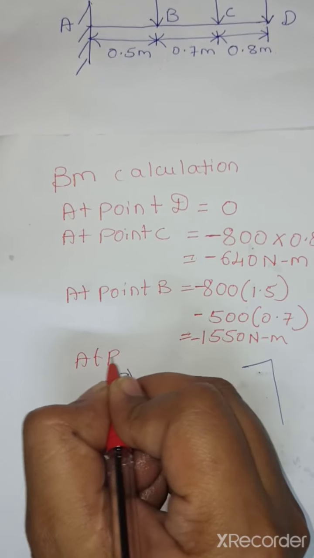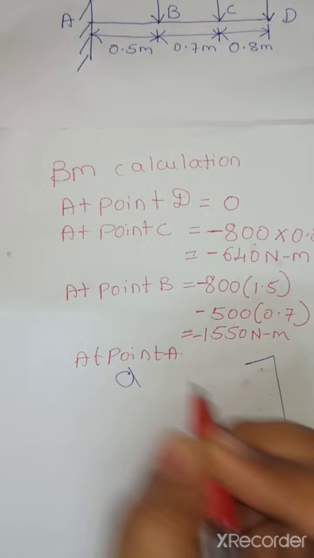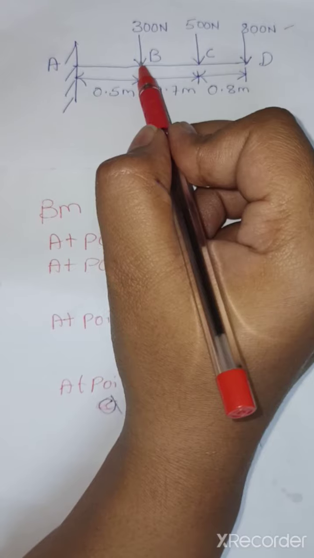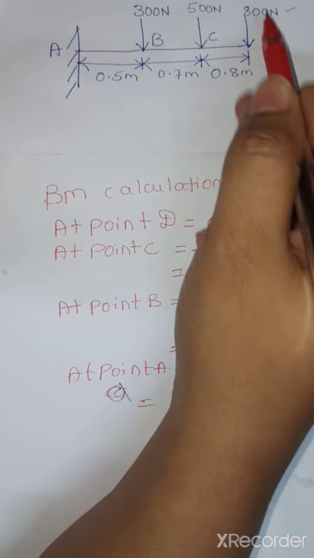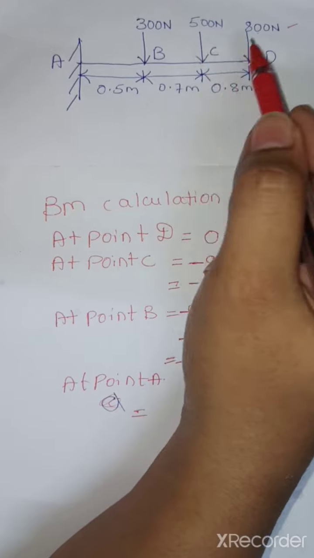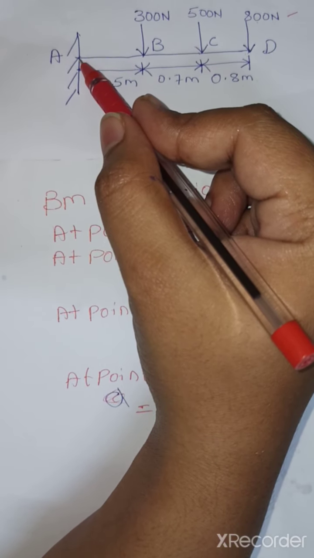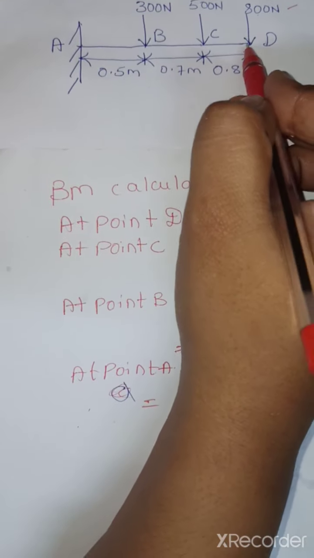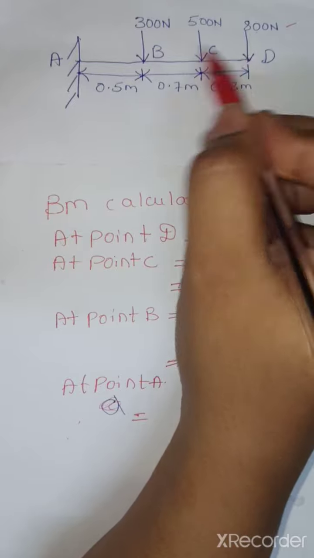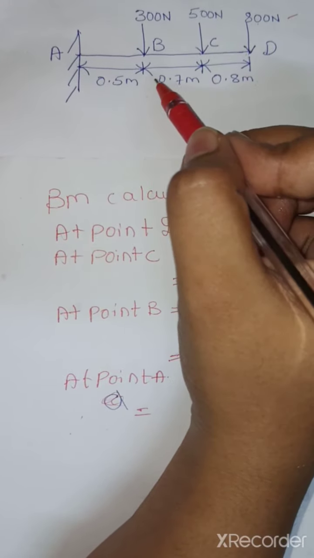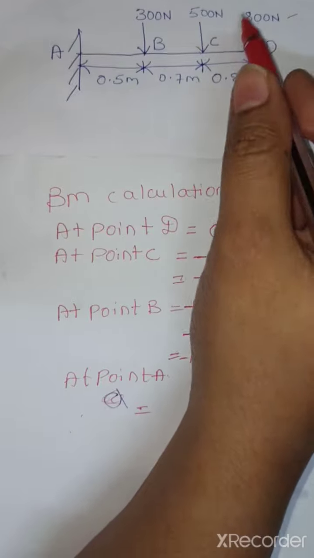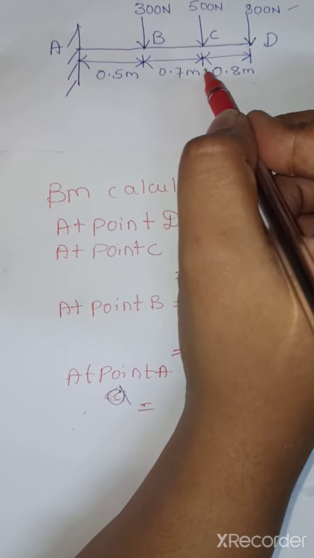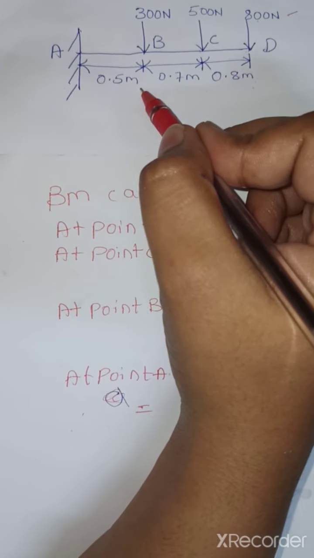So next at point A, priorly there are 3 points, that is point B, C and D. All these 3 force moments are to be considered while calculating the moment at point A. Starting from point D, that is 800 into the total distance, that is 1.5 plus 0.5, that is 2 meters. 800 into 2, 500 into 1.2, 300 into 0.5.